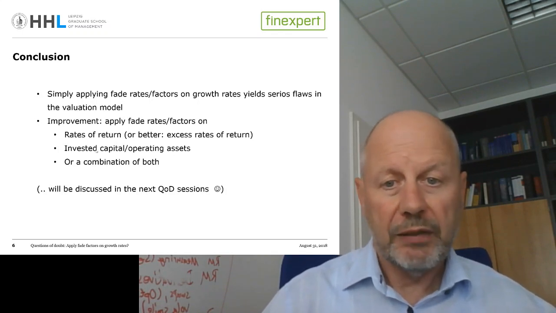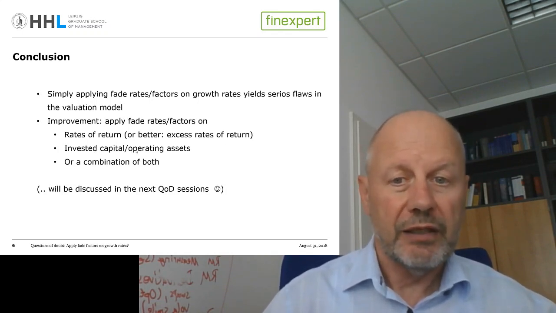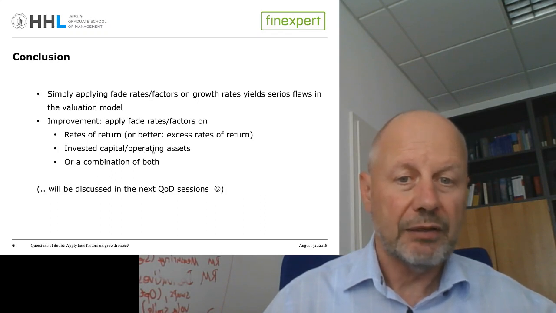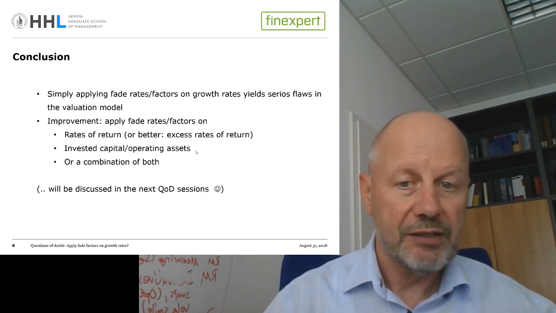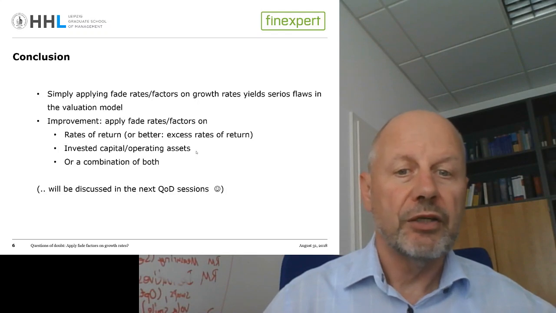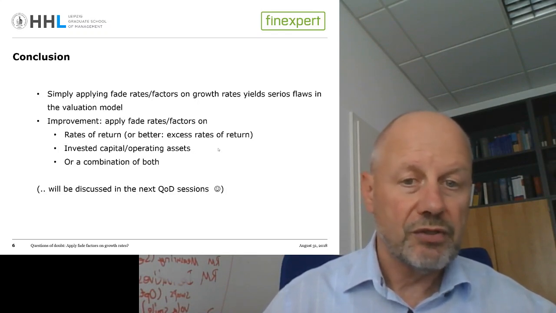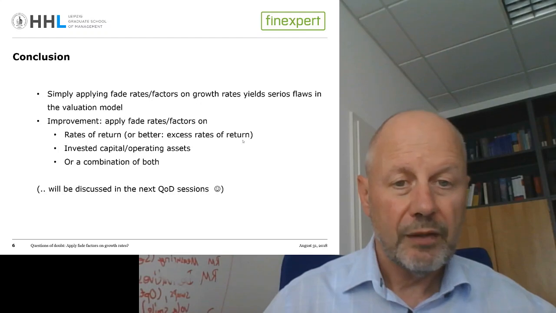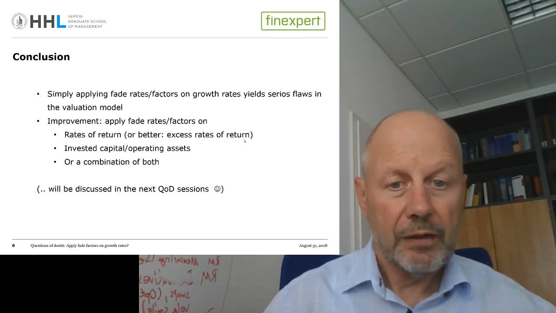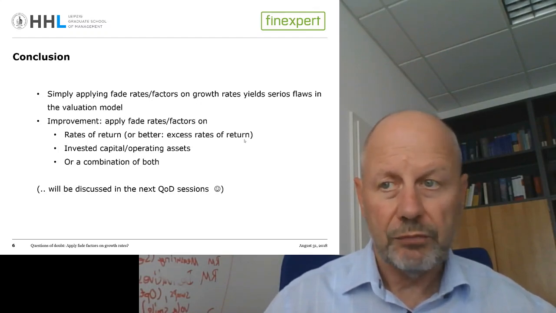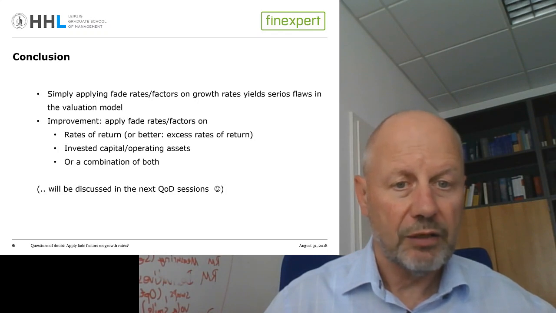Or we may also apply fade rates on the absolute amount of the invested capital or on the operating assets, or on the combination of both. In one of the next QoD sessions, I will show you how we can implement these two or a combination of these two into a consistent valuation model that captures the terminal value calculation.